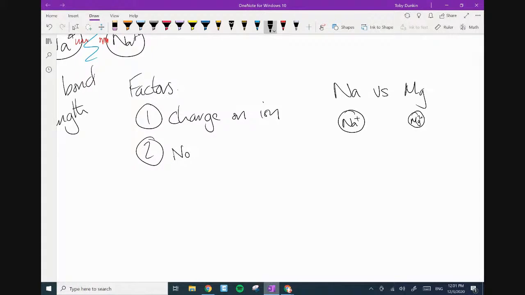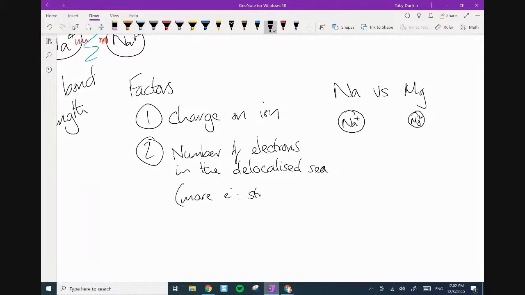Number 2, the number of electrons in the delocalized sea. So the more electrons, the stronger the attraction. Stronger electrostatic attraction.